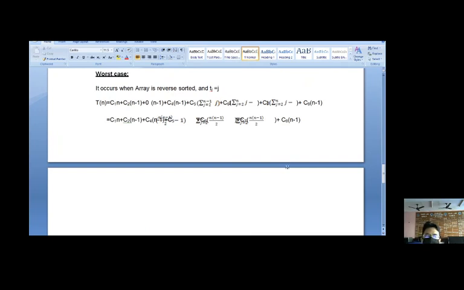So the final statement would be C1n plus C2(n minus 1) plus C4(n minus 1) plus C5 into n(n minus 1) by 2, because for every item there are possibilities. We consider the average case here. If for half of the numbers the condition is satisfied, that is n into (n minus 1) by 2. So for terms C6 and C7, we replace the value by n(n minus 1) by 2 for each of them.